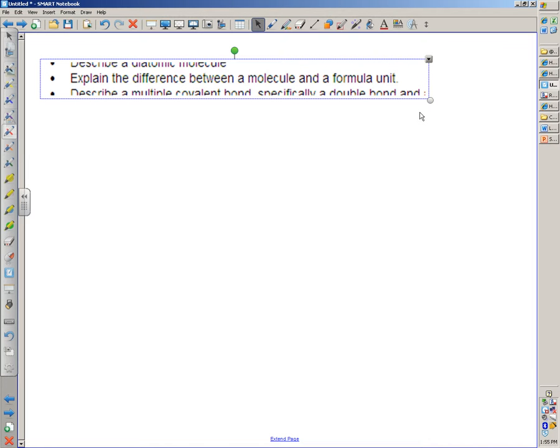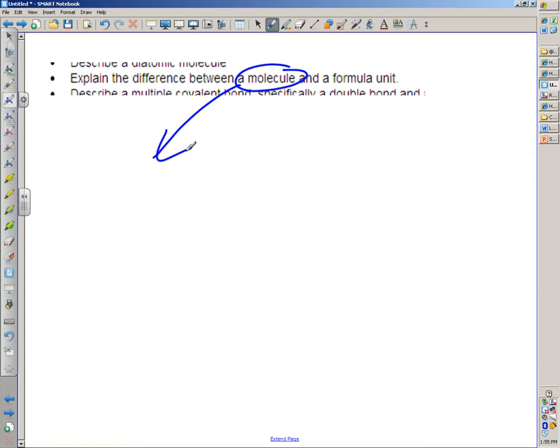Molecule and formula unit. First, if I give you a formula and you're identifying whether it is a molecule or a formula unit, you can tell just by looking at the formula. What kind of elements will molecules have in them?